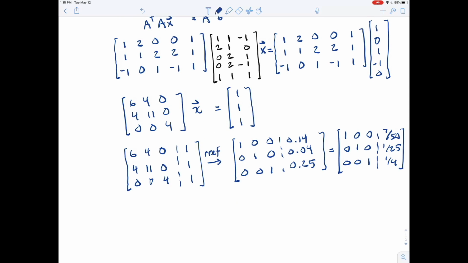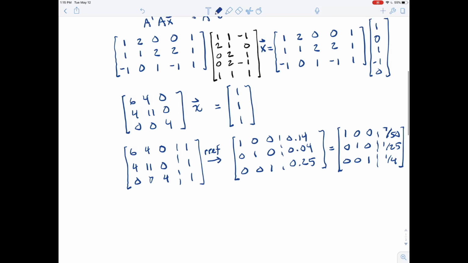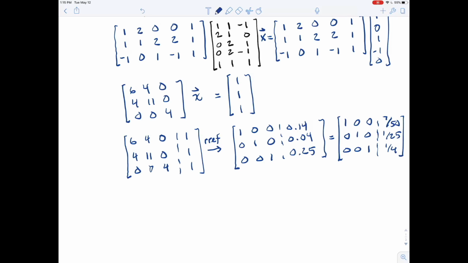Okay, the least squares solution of the system would be that our x vector, x1, x2, x3, is equal to 7/50ths, 1/25th, and 1/4.